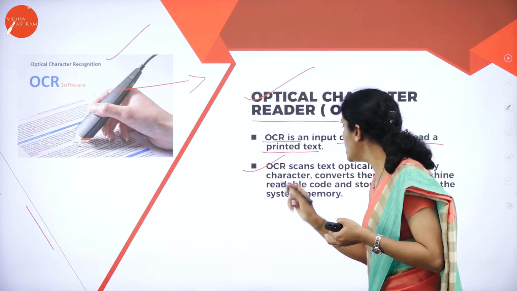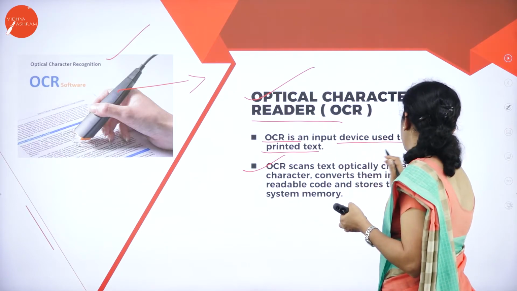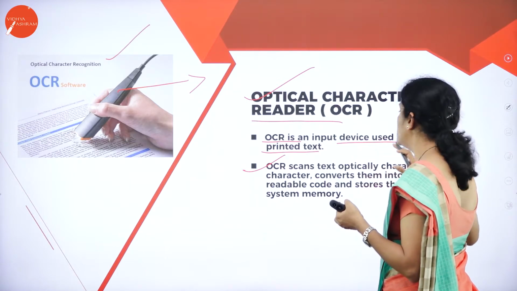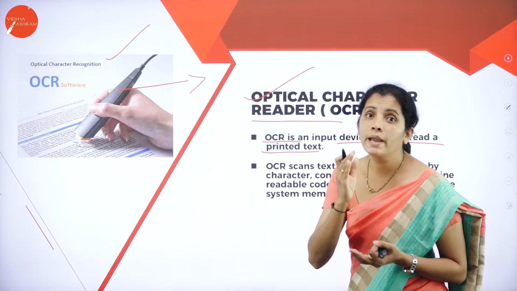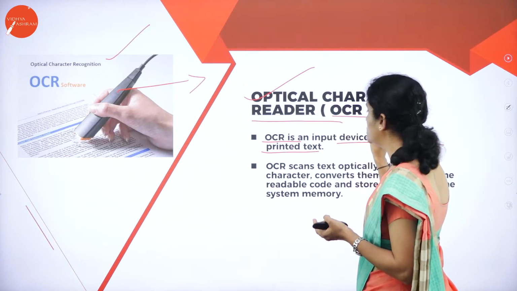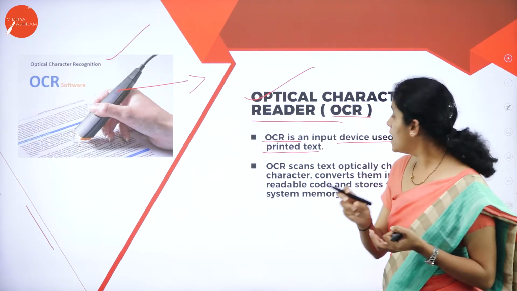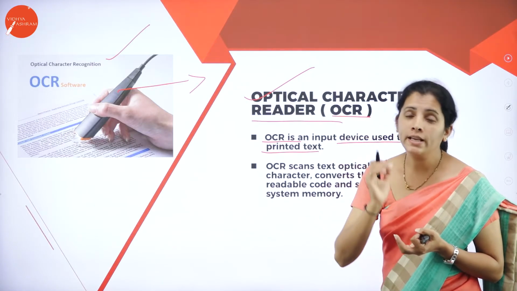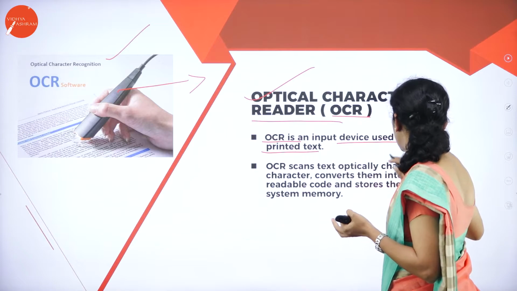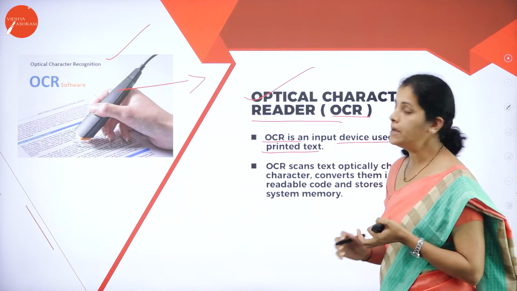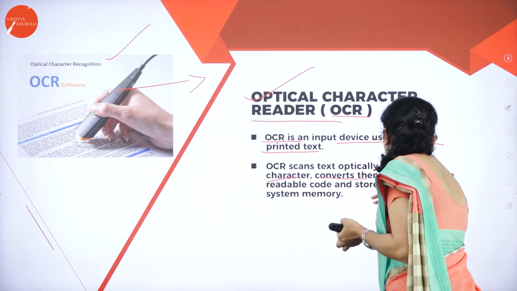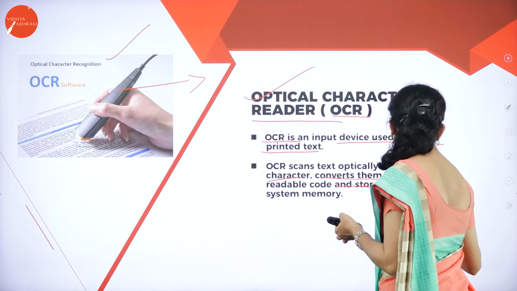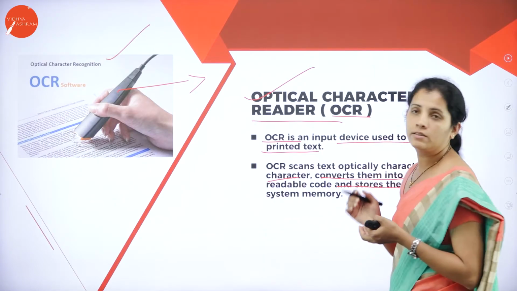So here OCR scans text optically, character by character, and converts them into machine readable code and stores them in the system memory.